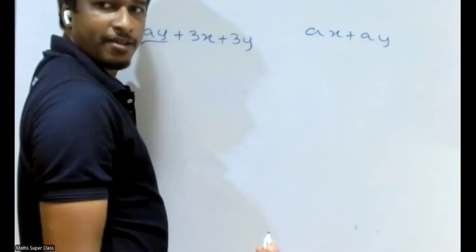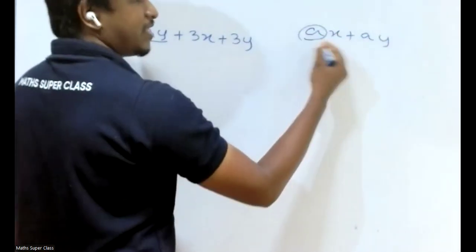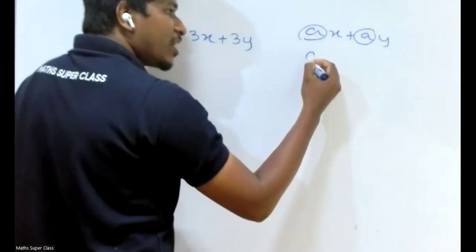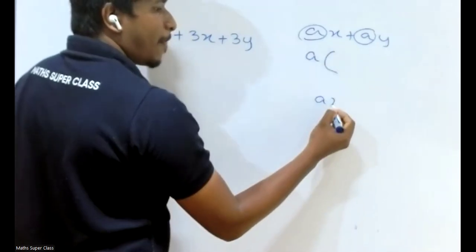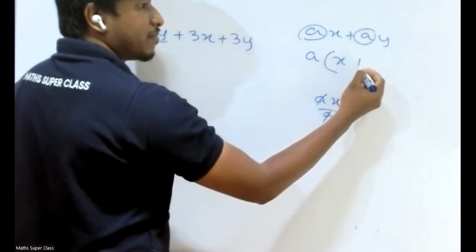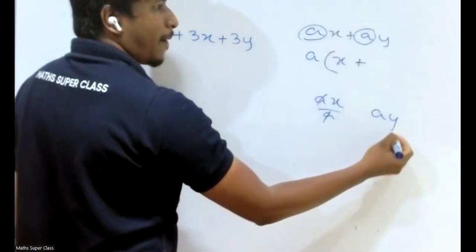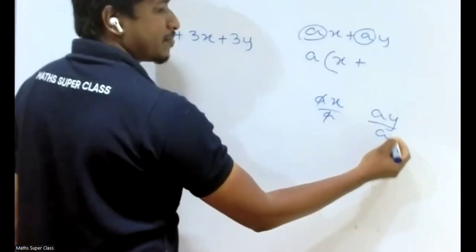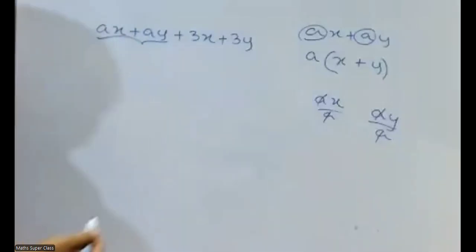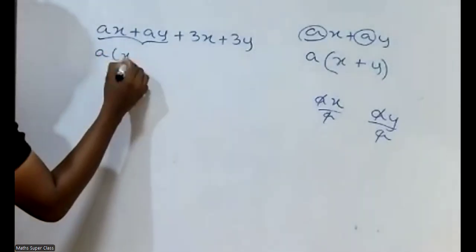We can see a here. Can you see? So a. ax divided by a plus ay divided by a. So x plus y.